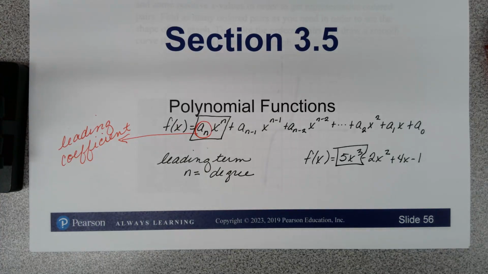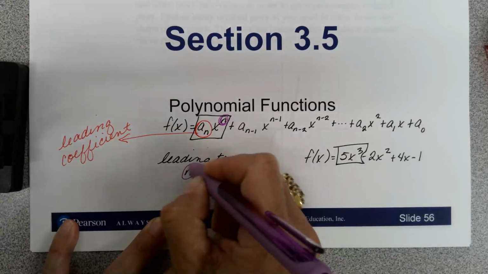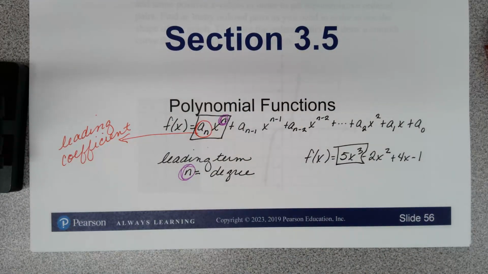What's the degree of this polynomial? 3, exactly. Your degree is the highest power on x. And so the degree of this polynomial that I've just written is 3. Sometimes we'll call this a cubic polynomial because the 3 is the cubic.